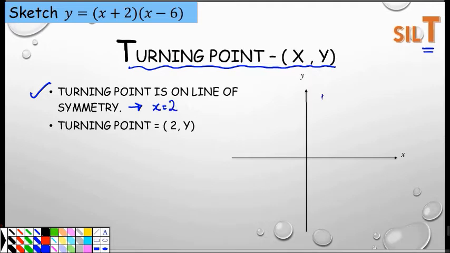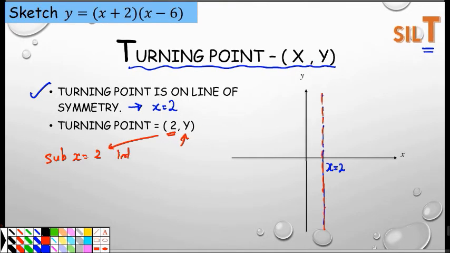So very quickly I know this x equals 2 is my line of symmetry, and I know that my turning point will lie somewhere on this line of symmetry. So therefore I can say that the turning point must be 2, something. Now how do I find this something? Again, I will sub x equals 2, which is this value, into the equation.